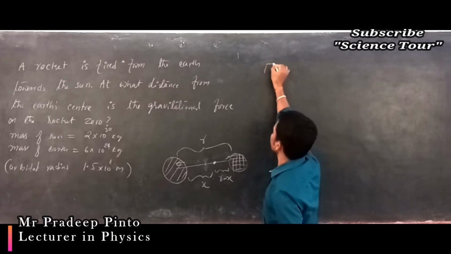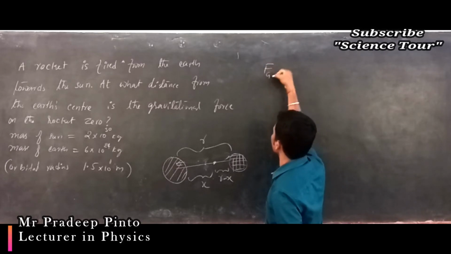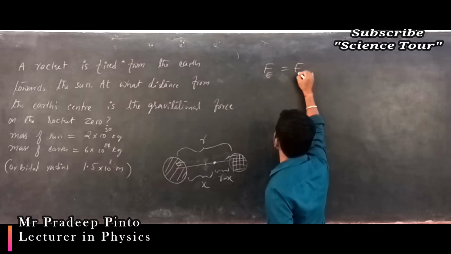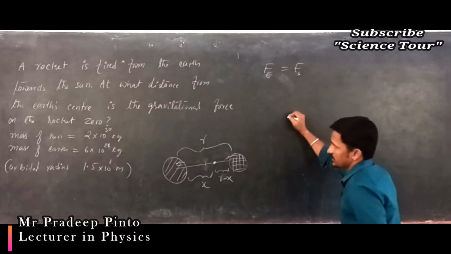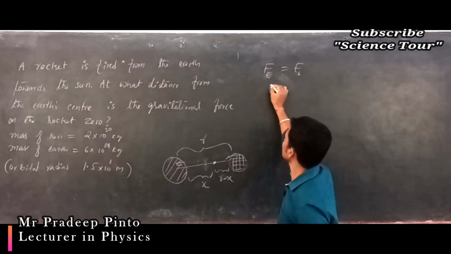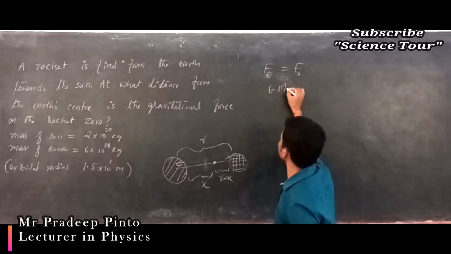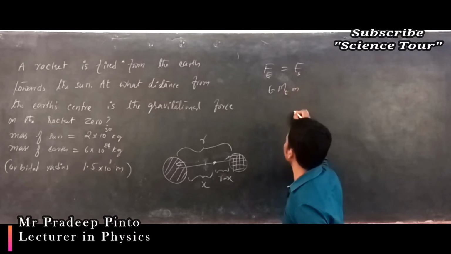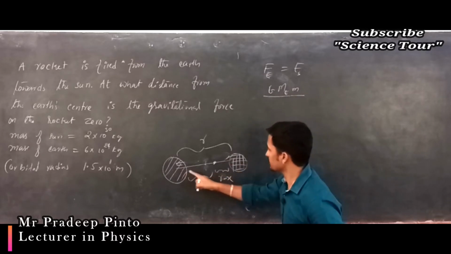At that point, because of the earth and because of the sun, the gravitational force becomes the same. Now the gravitational force because of the earth is G into mass of the earth and mass of the rocket divided by the distance from the earth.